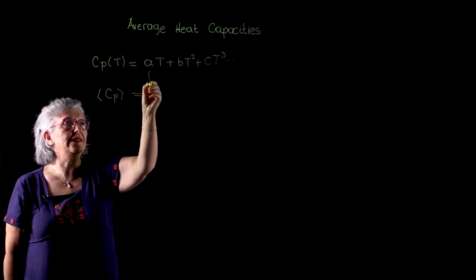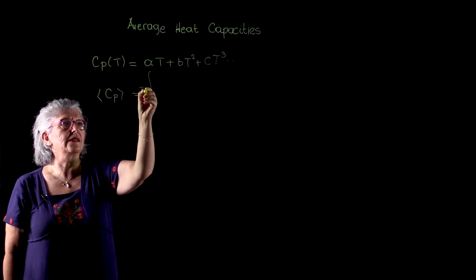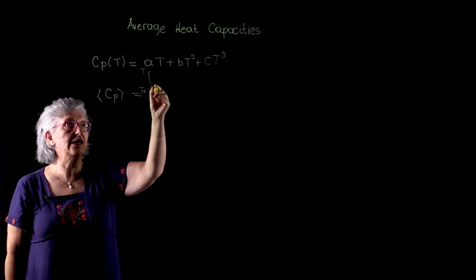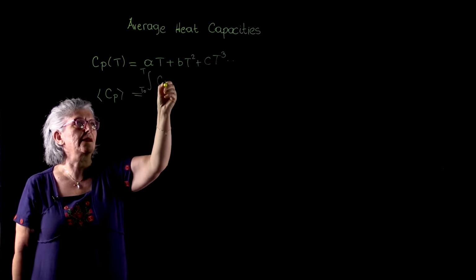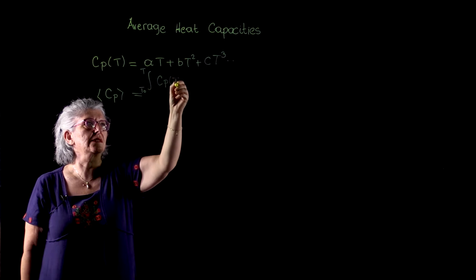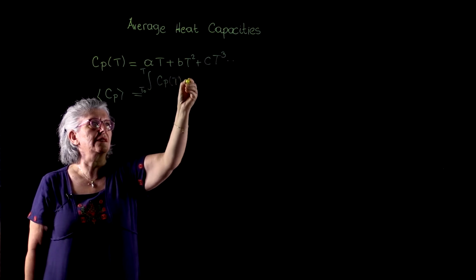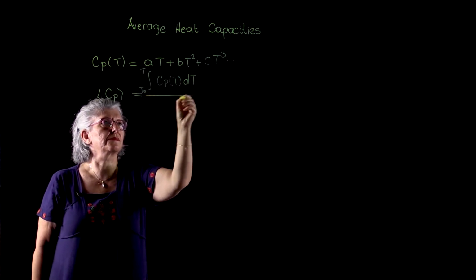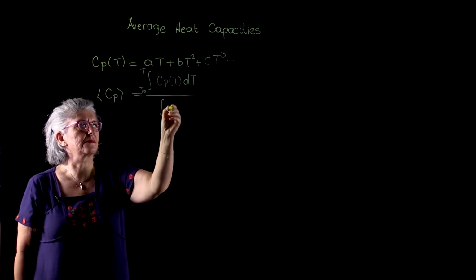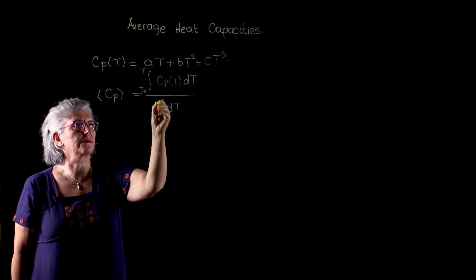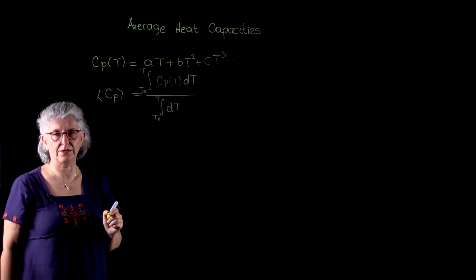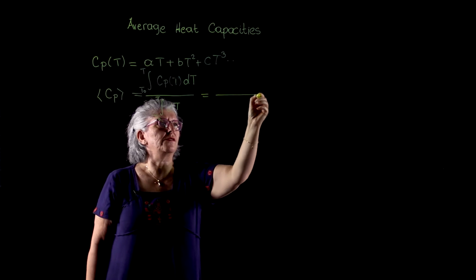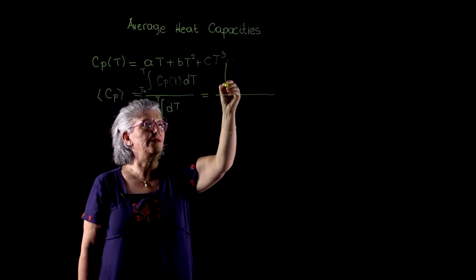This is going to be an integral between an initial and final temperature, a temperature range of interest to us, of this function integrated over temperature, divided by the temperature range.